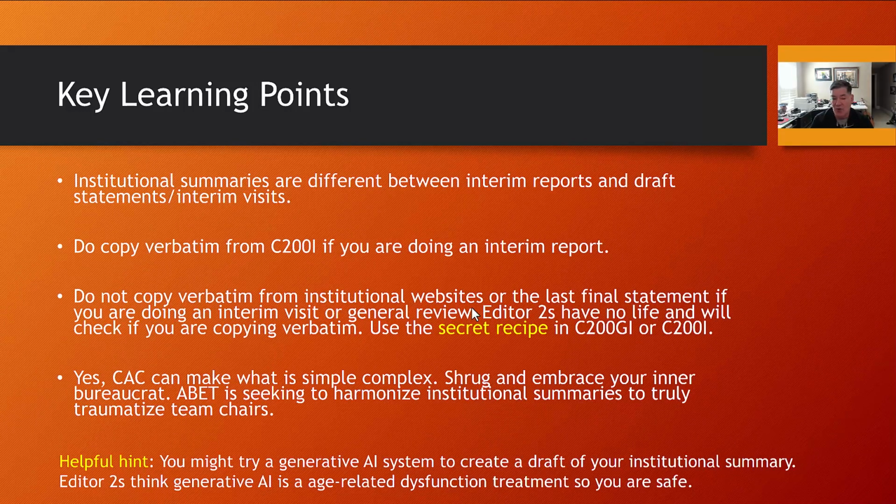You do not want to copy verbatim from institutional websites or the last final statement if you're doing an interim visit or general report, because, as I mentioned earlier, editor twos have no life, and they will check to see if you're copying. You want to use the secret recipe that you can find in the C200GI, C200I, or that was covered in this presentation. So you should be able to go back and build one pretty quickly.